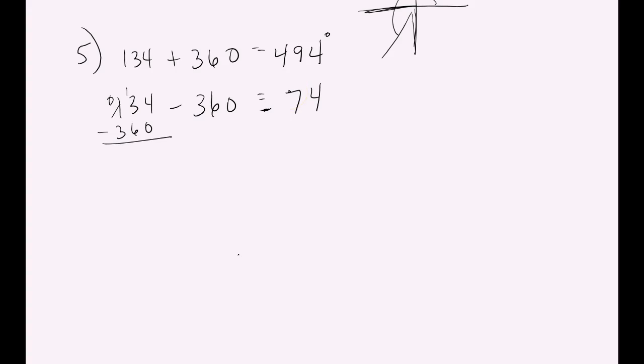I can't subtract that. Let me go this way. Okay, I don't know what I was doing here. That's embarrassing. Okay. We're going to go the other way, so it should have been a negative 226. Oh my gosh, that's so bad.